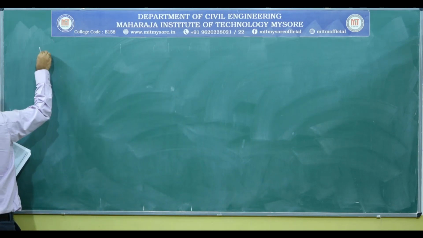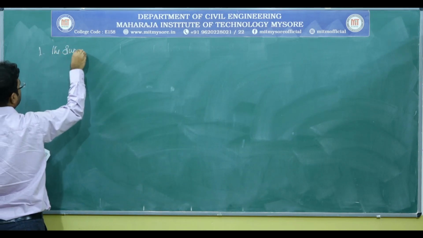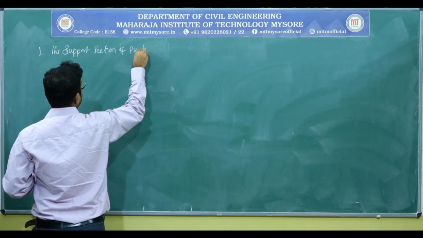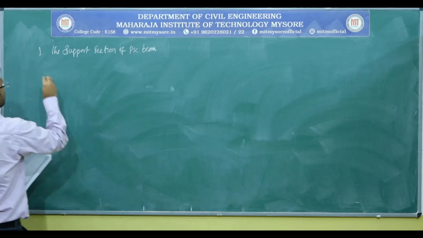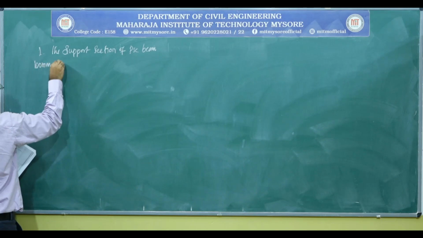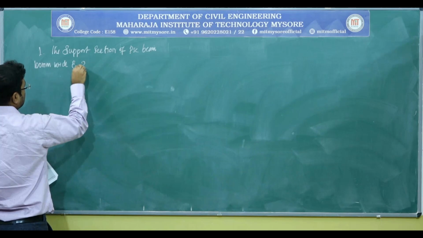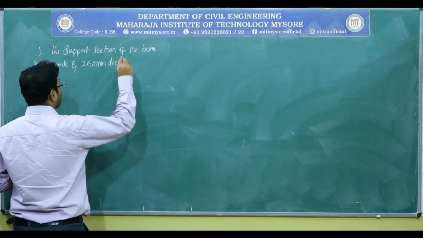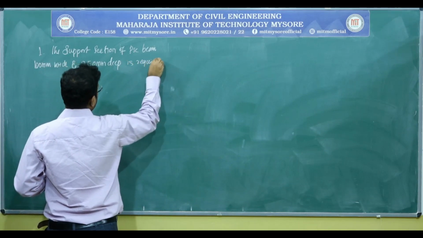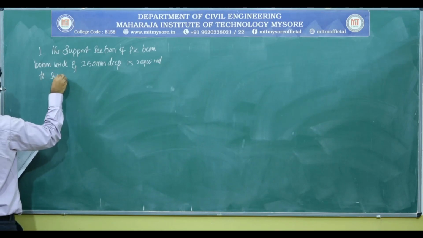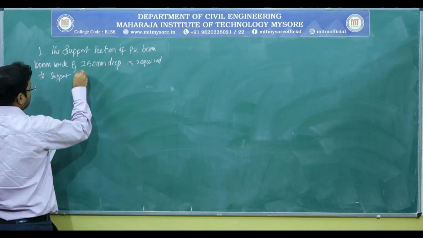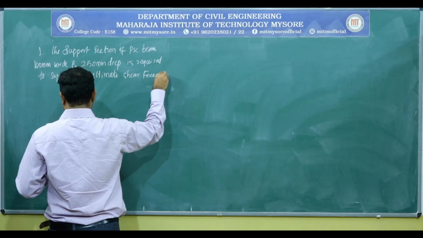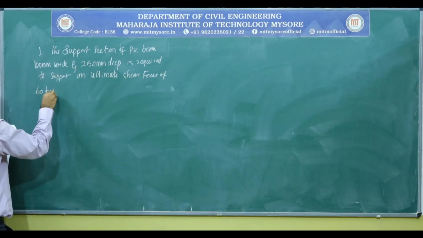The first problem. The support section of a PSC beam, 100 millimeter wide and 250 millimeter deep, is required to support an ultimate shear force of 60 kilonewton.